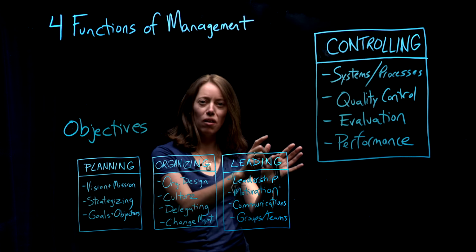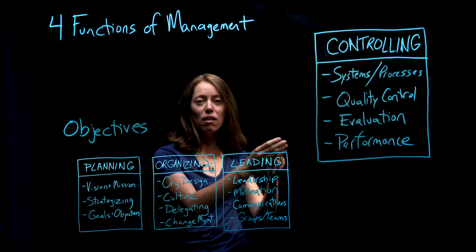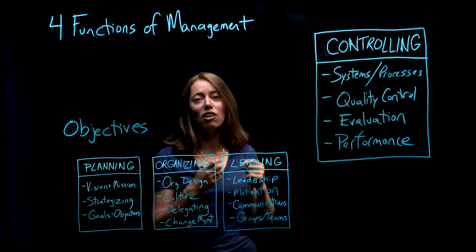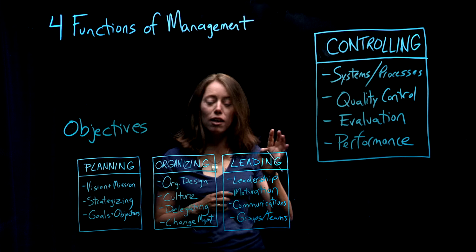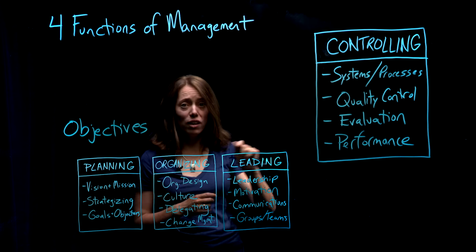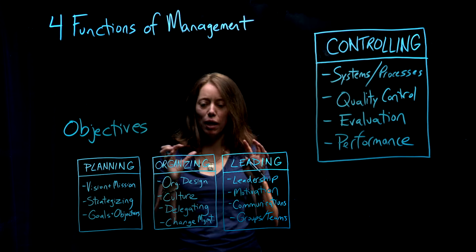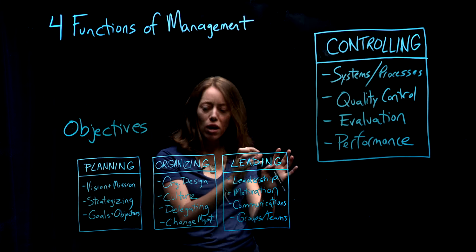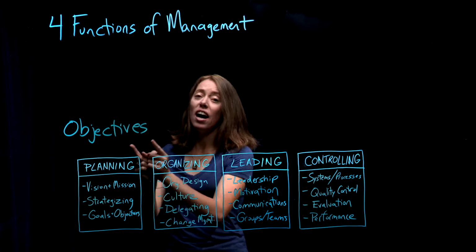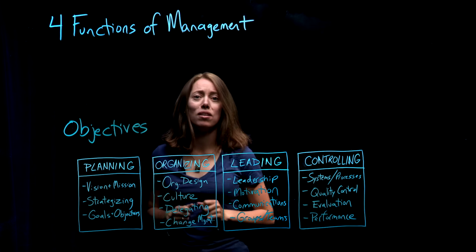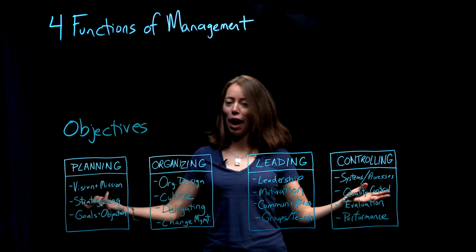But for purposes of this course, many of these pieces are covered off in your HR course. So I want you to think of controlling as establishing and implementing mechanisms and processes to ensure that the organization achieves its objectives.